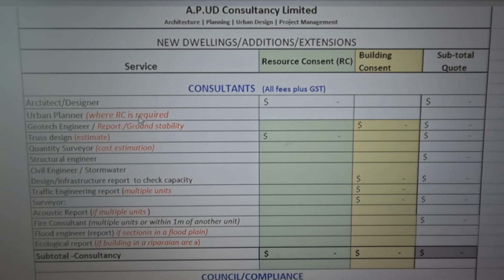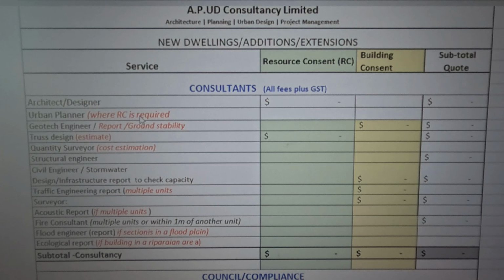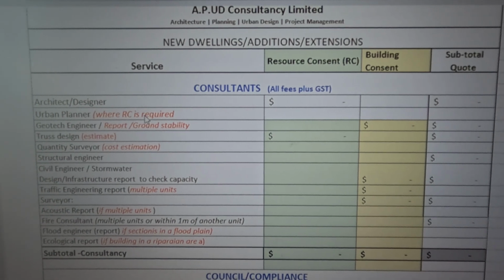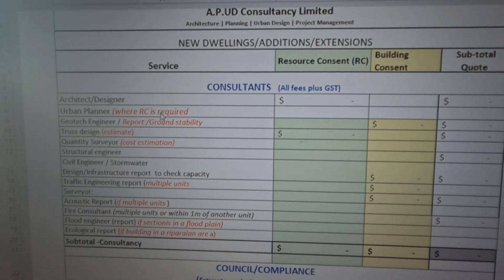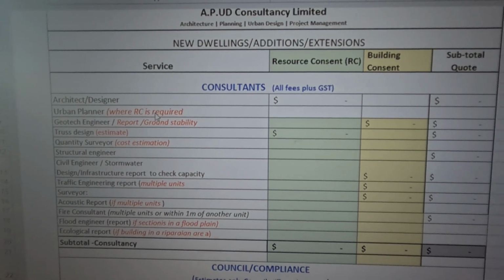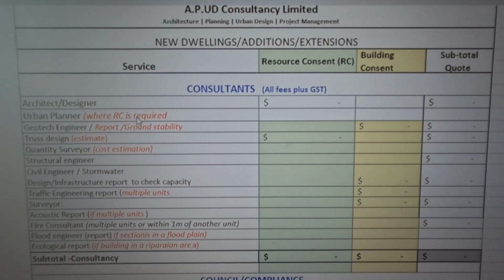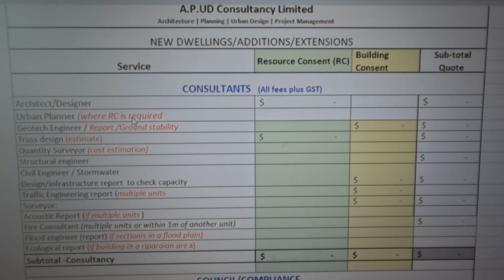Before I go to the truss design bit, in cases where you do not need a geotech engineer, where you can assume that you're building on good ground, you will use the foundation as designed in the NZS 3604 standards.